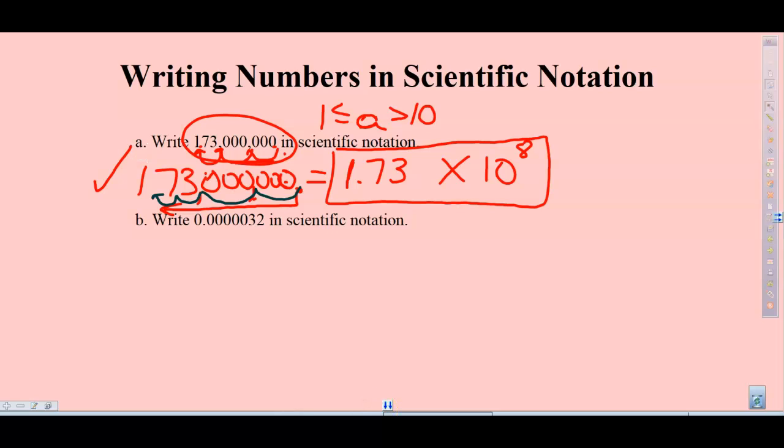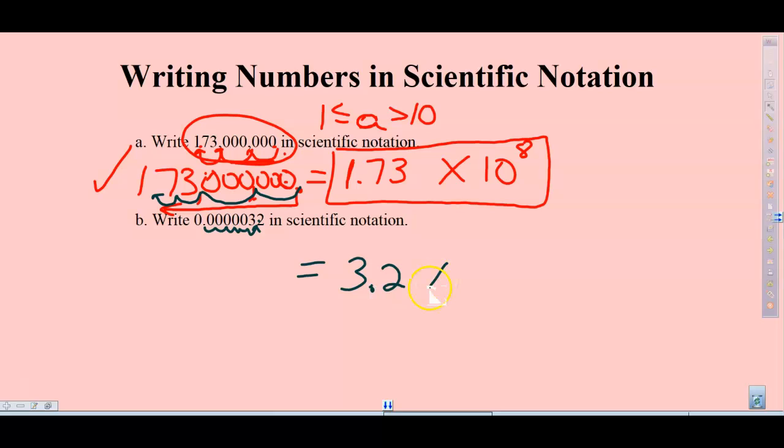Here we have 32 ten-millionths, and we need to express this in scientific notation format. So once again, let's first figure out our A. It needs to be between 1 and 10. So we're going to move that decimal until we get a value that's between 1 and 10. In other words, we're going to move it right in between that 3 and 2, so we get 3 and 2 tenths.